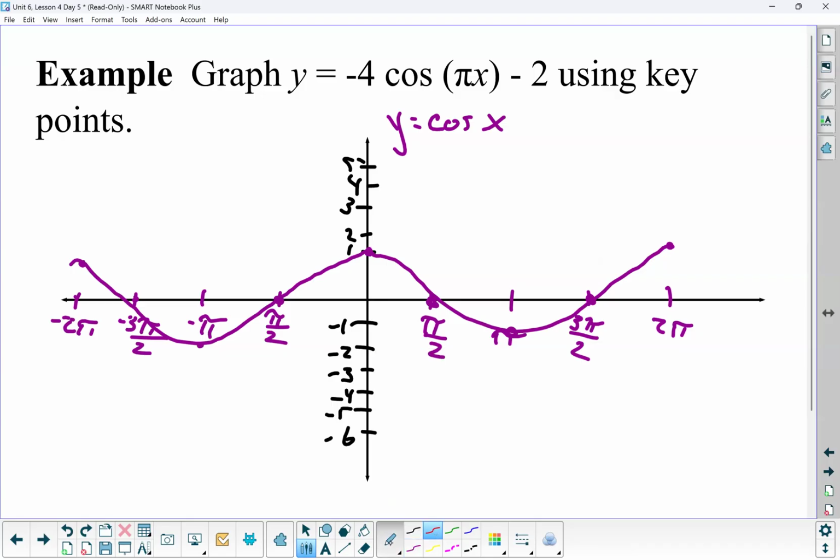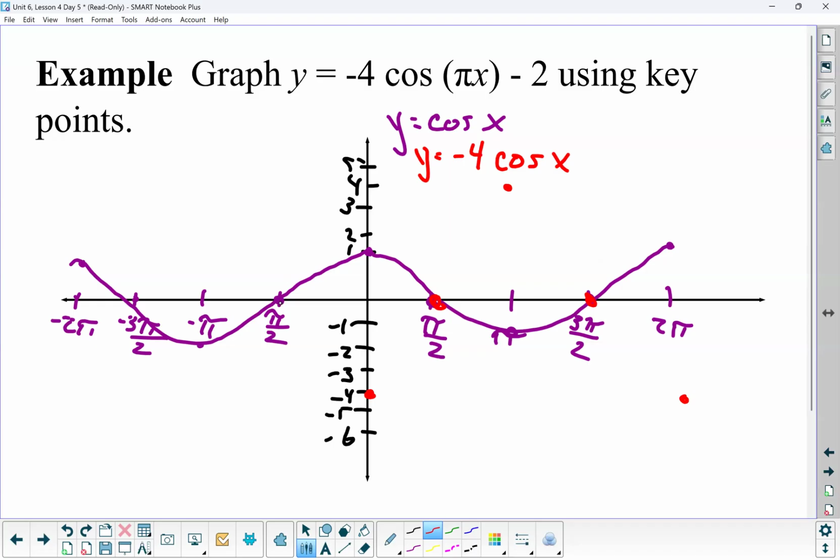So then what I would do is the amplitude change. So I'm going to do y equals negative 4 cosine x in red. So instead of 1, I get negative 4, 0, positive 4, 0, negative 4.